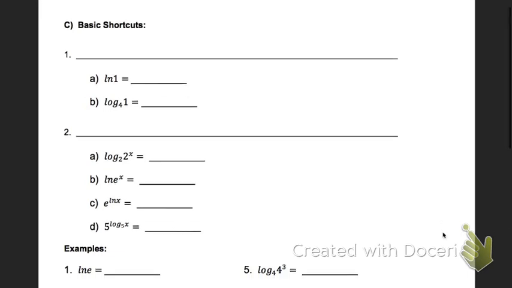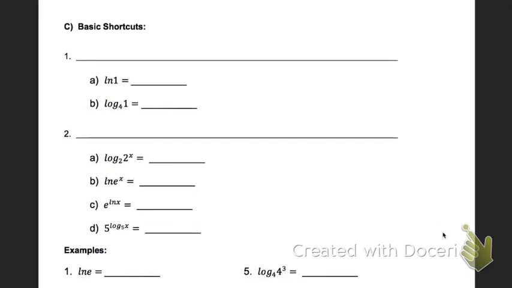The first one is when you have, so we know right now that x to the 0 equals 1. Like any number to the 0 power is equal to 1. If I change that to log form, that would be log base x of 1 equals 0.